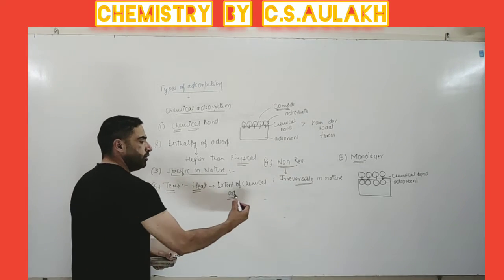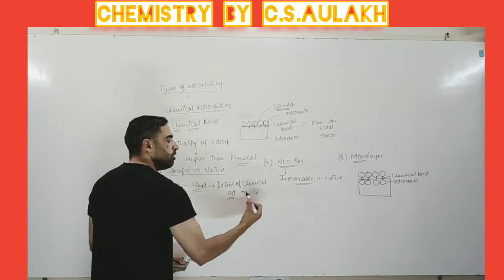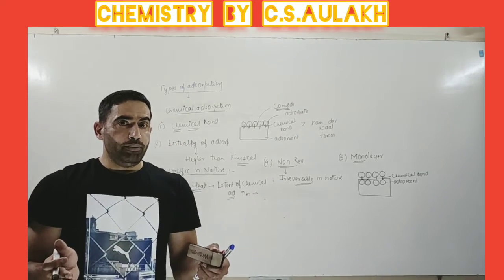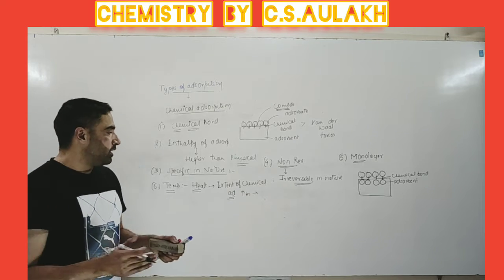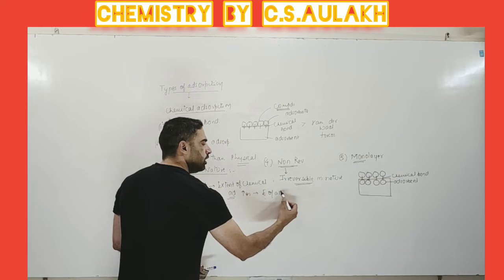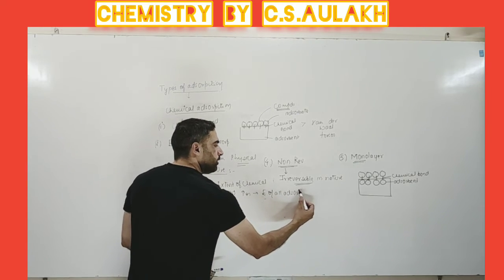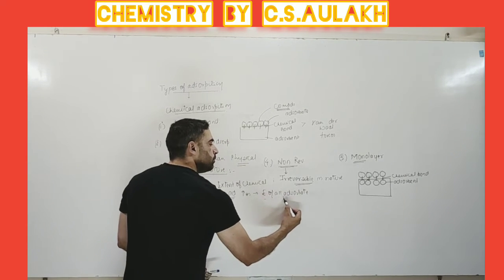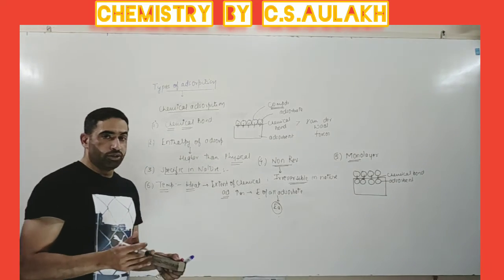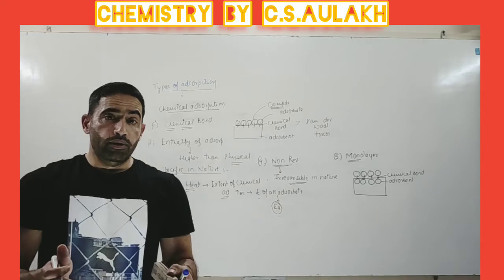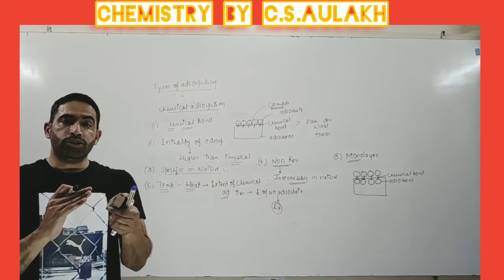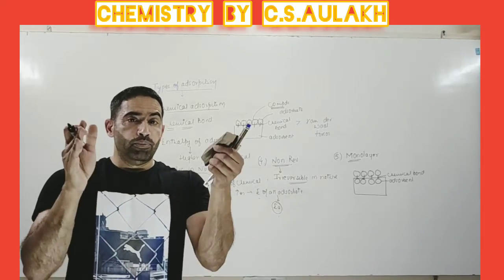Again, there is a limit for this increase. When the energy possessed by all the adsorbate molecules becomes equal to the activation energy needed for the reaction with the adsorbent, then the extent of adsorption, for some moment, becomes constant.